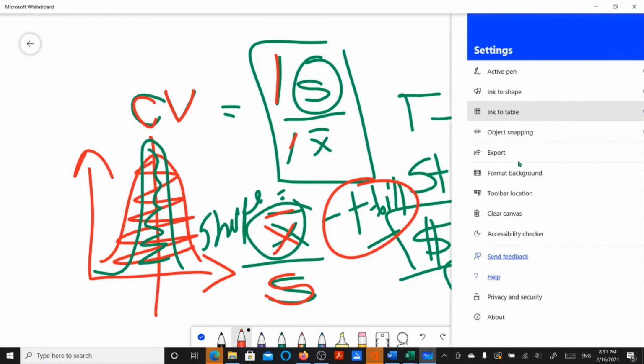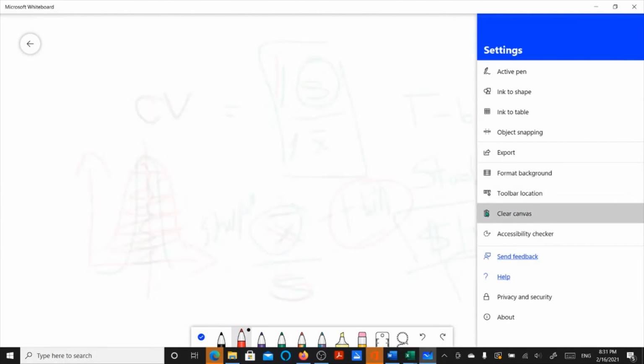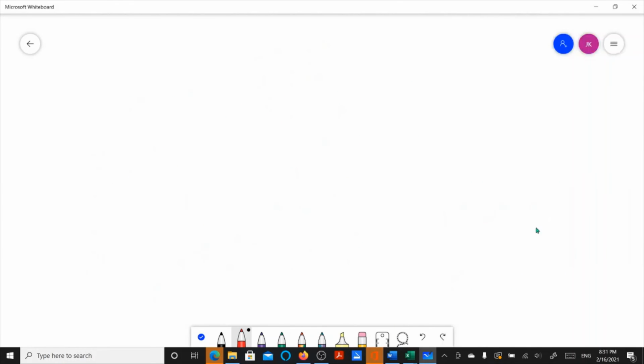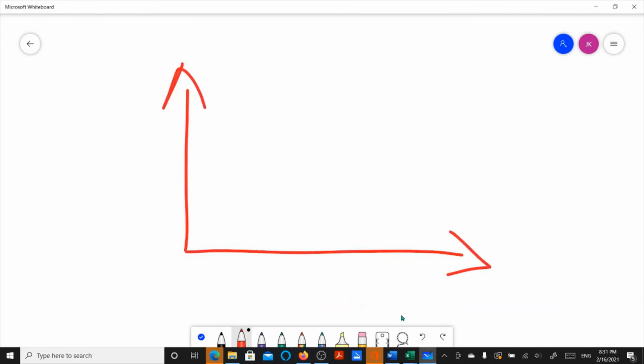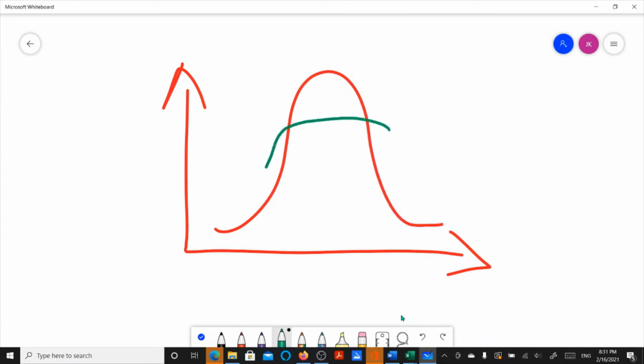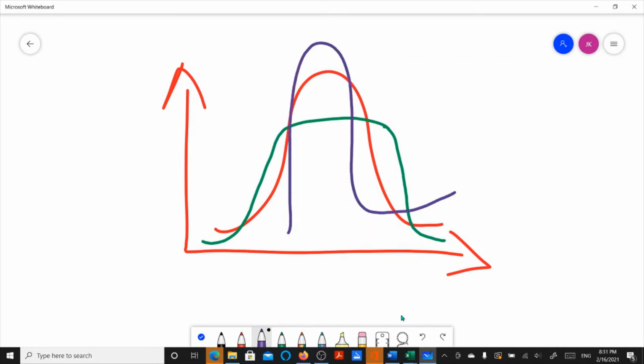Let's clear these. And lastly, to wrap up, I want to touch on, again, normal distribution. This type of distribution. And this type of distribution.